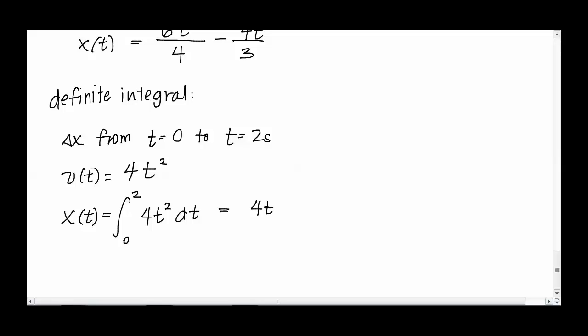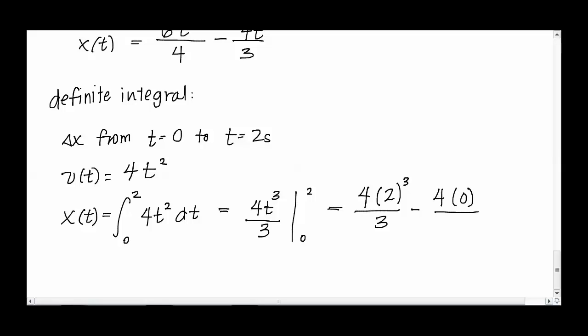Alright, so then 4t to the 1 greater power divided by the exponent, so 3. And we're going to evaluate it between 0 and 2. And this is how we write the evaluation symbol. So now we're going to evaluate it. Remember, delta x means final minus initial. So we'll substitute in our final time. So 4t cubed with 2 substituted in. So 4 times 2 cubed, divided by 3, minus 4 times 0 cubed, but that's just 0, divided by 3.